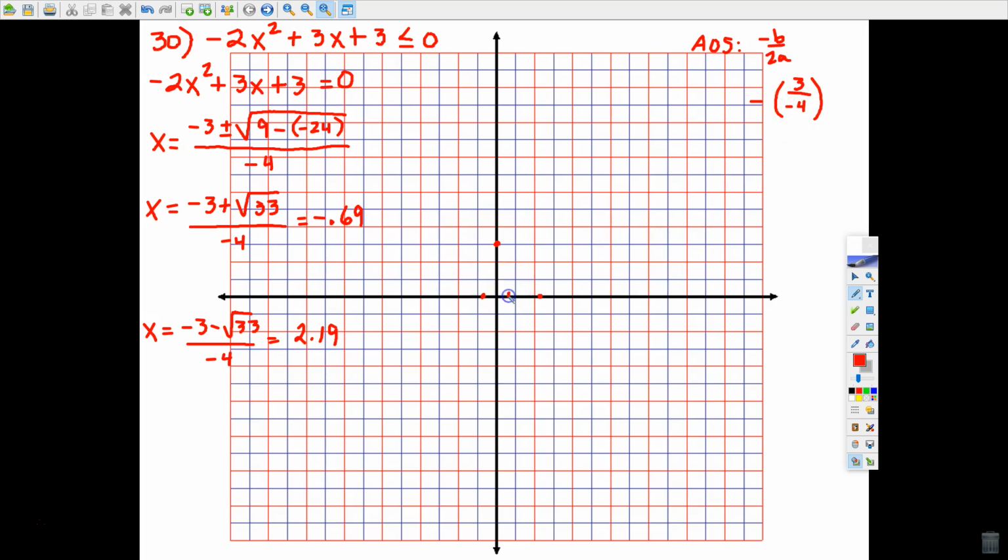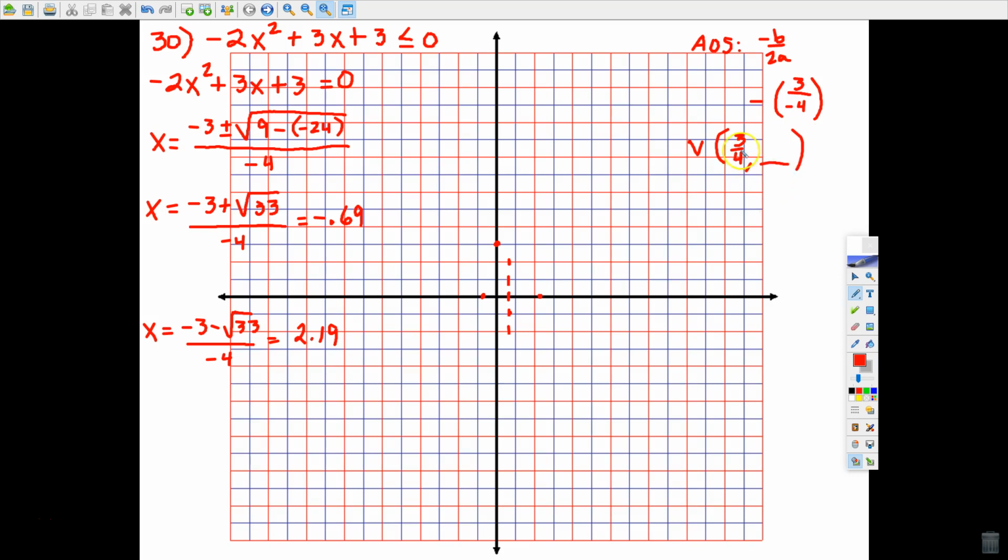So my line of symmetry is, I'm going to estimate that to be 3/4. Looks like it's pretty much right in between those two red dots. Okay, well the vertex, we know what the x-coordinate of the vertex is anyway because that's whatever the AOS number is.